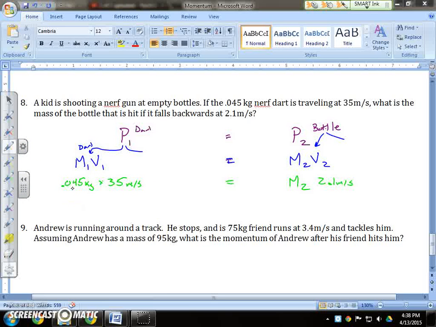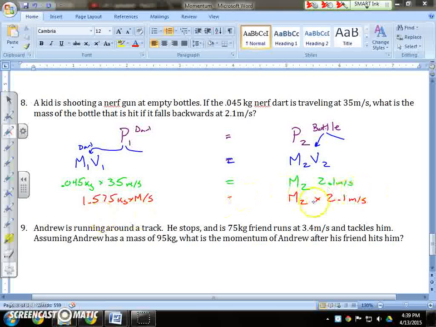If I take this 0.045 kilograms times the 35 meters per second, I end up with 1.575 kilograms times meters per second in terms of momentum. And that's again equal to M2 times 2.1 meters per second.